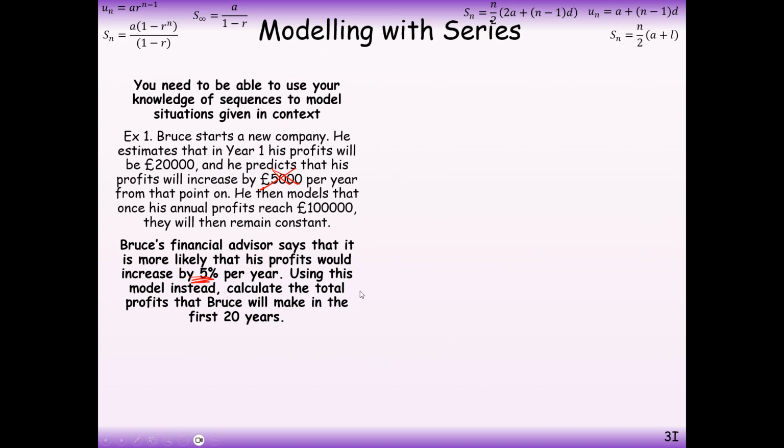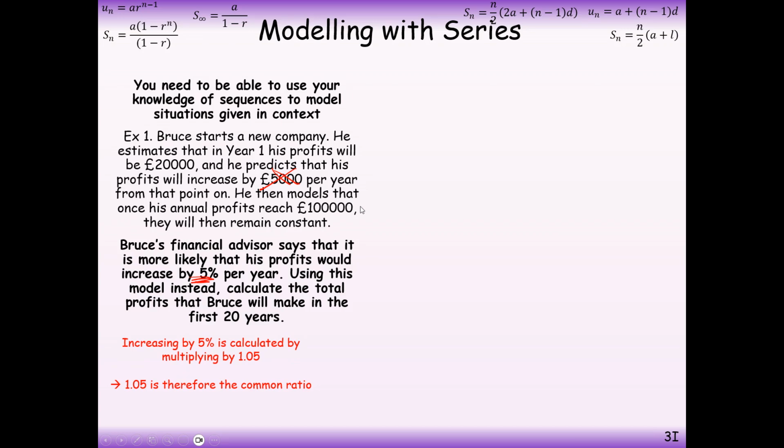Thinking back to percentage increase, the percentage multiplier will be 1.05. So we're going to use a common ratio of 1.05. Now this is no longer an arithmetic sequence, but a geometric sequence.